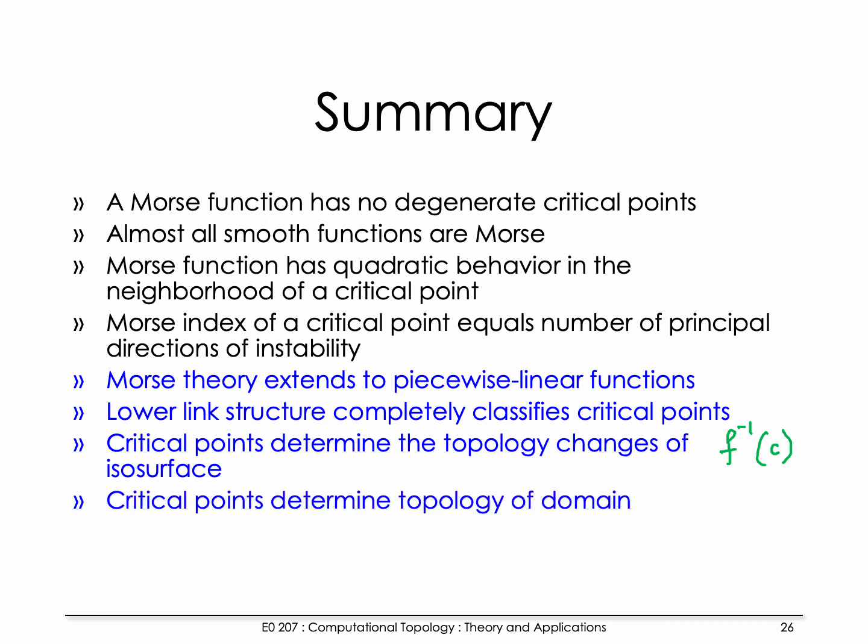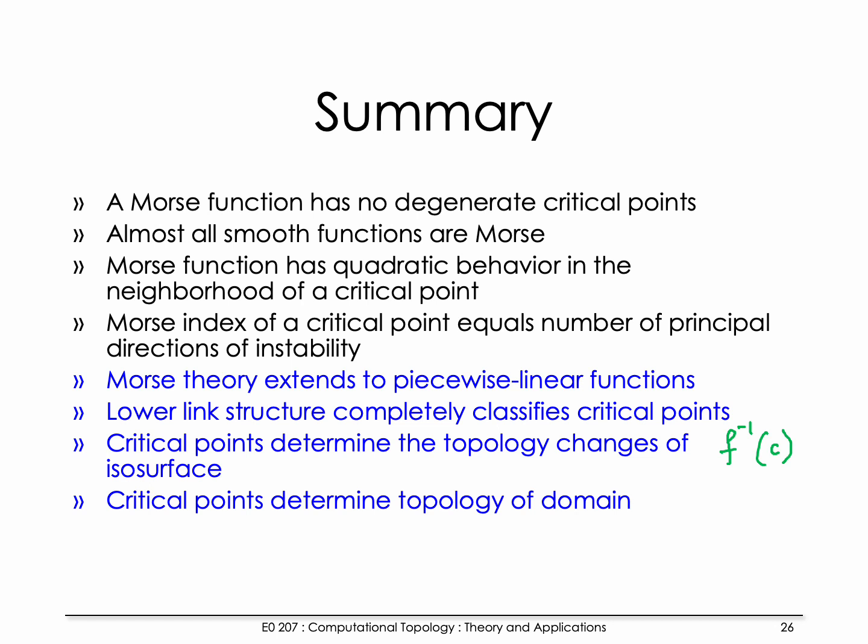There is also a good connection between the critical points of a Morse function f and the topology of the domain. One way to see this is via the Euler characteristic. We saw that the Euler characteristic can be written either as an alternating sum of critical points or as an alternating sum of Betti numbers.